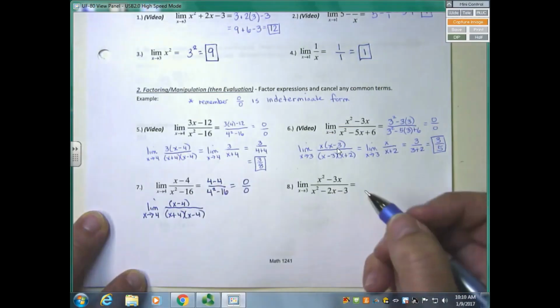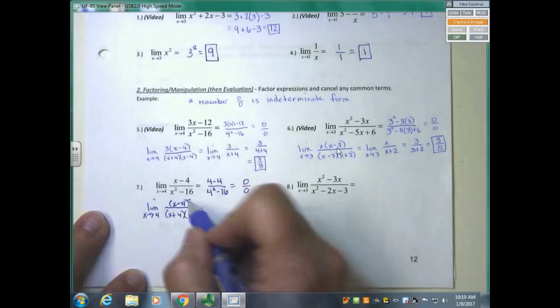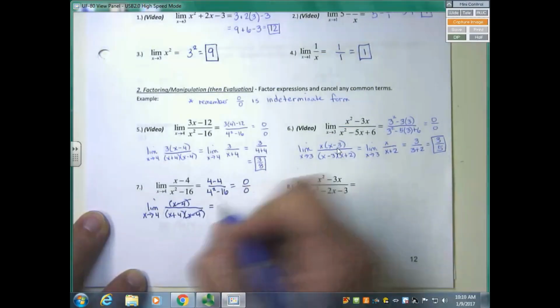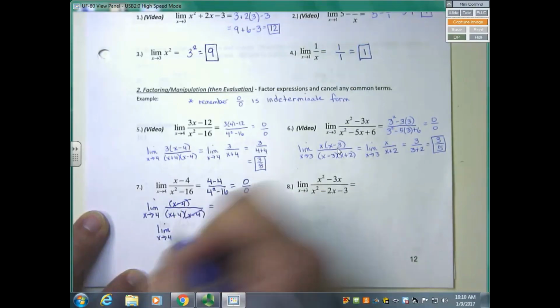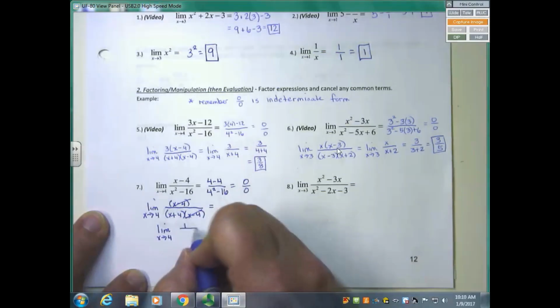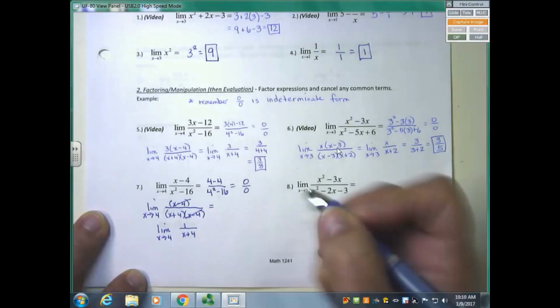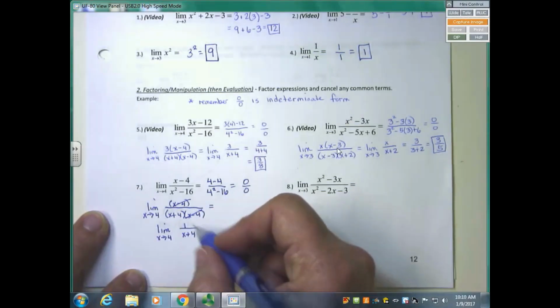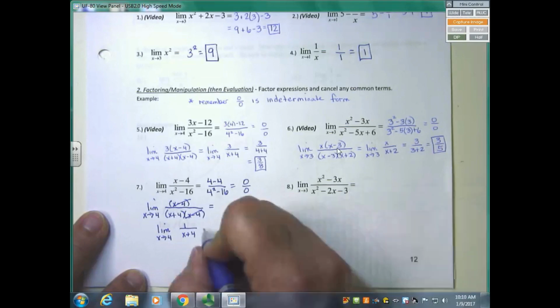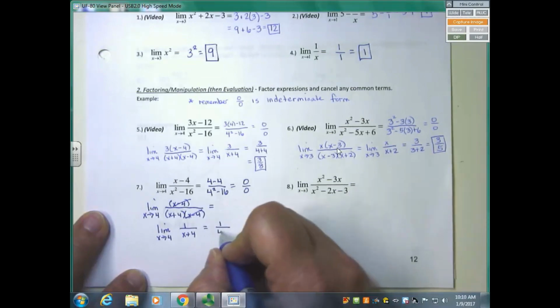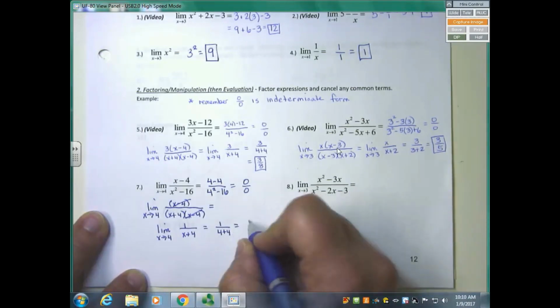Okay? So now I see that I have a common factor. I can cancel it out. So that ends up giving me, again, carrying through this limit, 1 in the top and x plus 4 in the bottom. Now I'm going to take this as my new limit problem, and I'm going to plug in my x value now. So that's 1 over 4 plus 4. I get 1/8, and that is my limit.